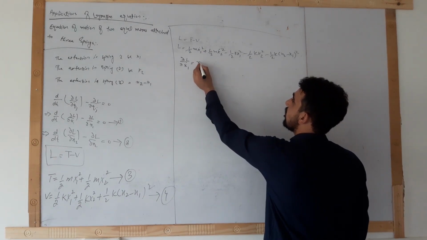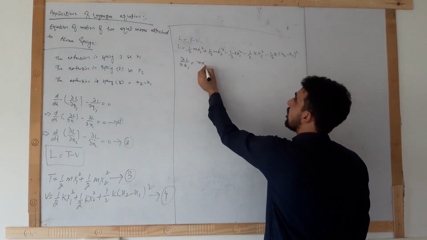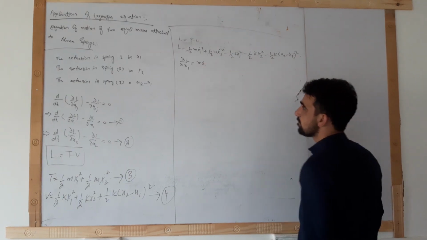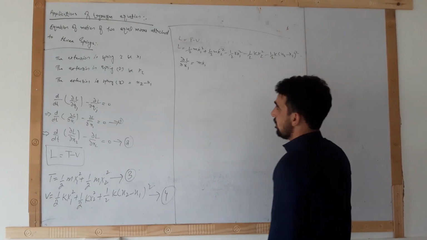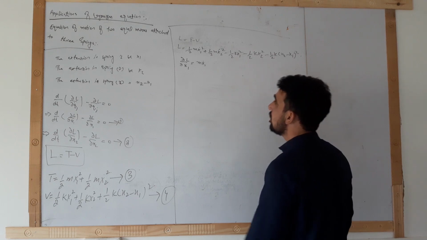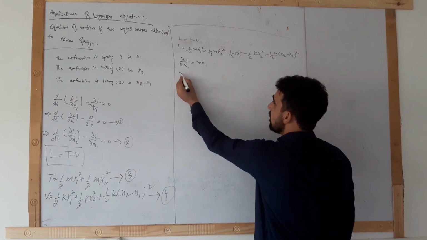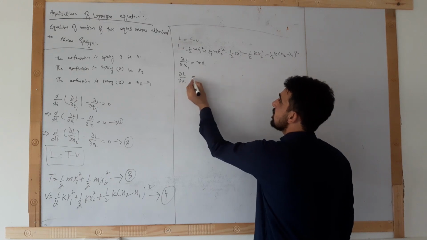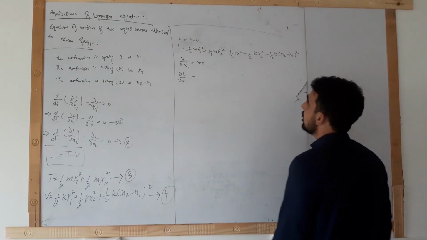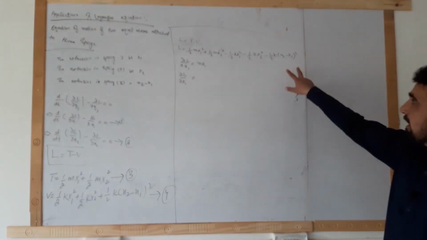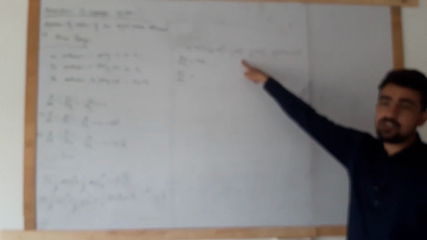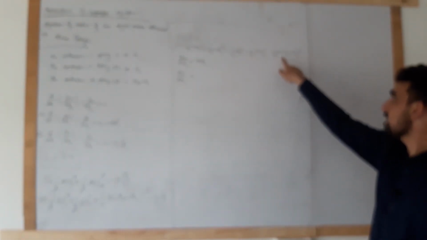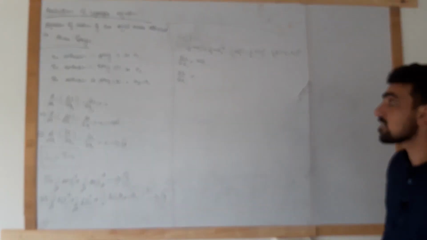So this will be equal to m x1 dot. Similarly, partial L by partial x1 is equal to, two terms depend on x1, that is minus half k x1 square and minus half k times x2 minus x1 whole square.